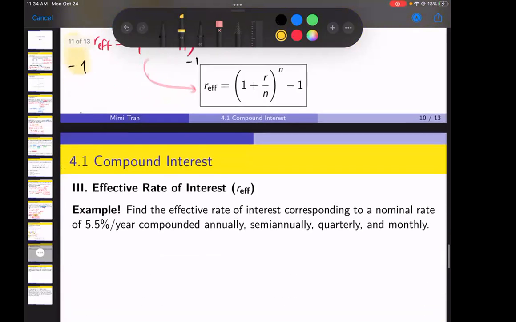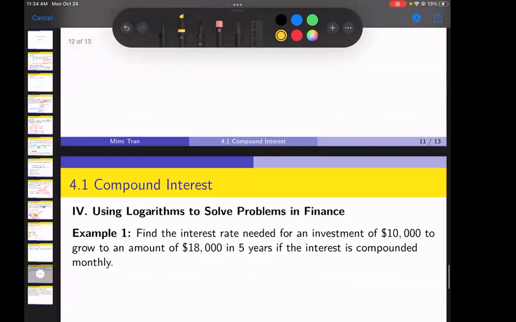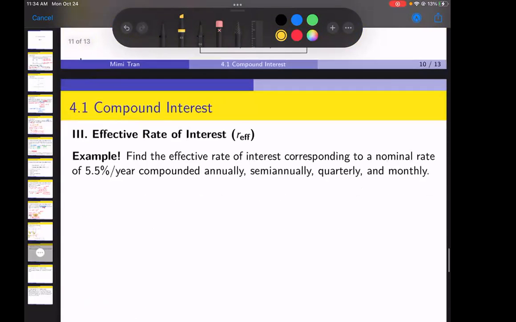Okay, so let's do this one and then we'll call it a day. Find the effective rate of interest corresponding to the nominal rate of 5.5% per year, compounding annually, semi-annually, quarterly, and monthly.